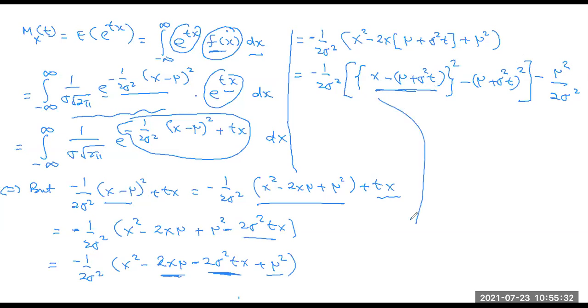I mean, x minus mu plus sigma squared t, squared, what do you get? You have x squared minus, you multiply these two terms and then by 2, so 2x into mu plus sigma squared t, plus the square of the last term, that's mu plus sigma squared t squared.